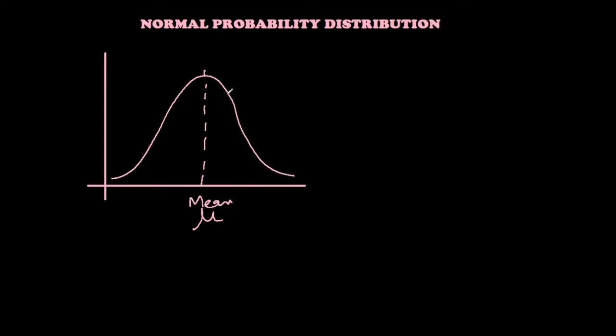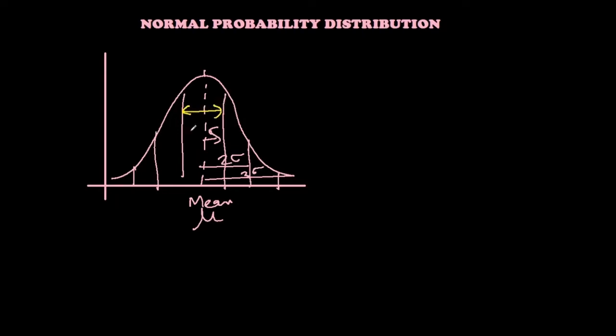Number two fact is that we have three standard deviations on the right side of the mean. So this is one standard deviation, this is two standard deviations, and this is three standard deviations. Similarly, on the left side we have three standard deviations.